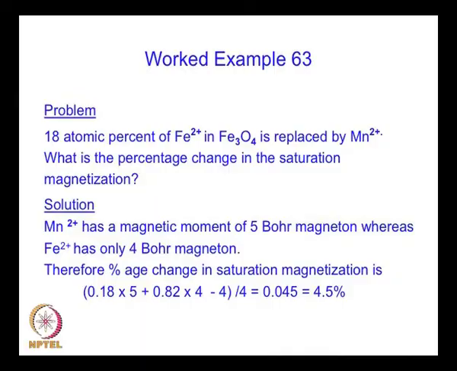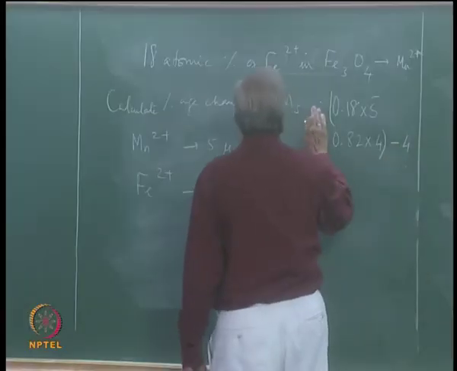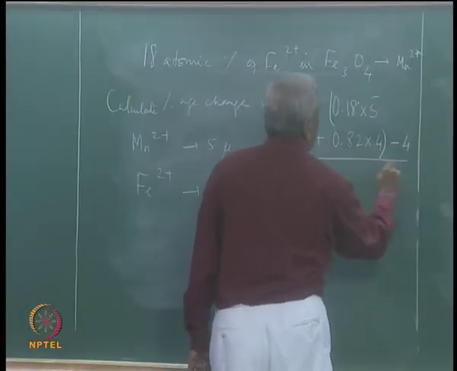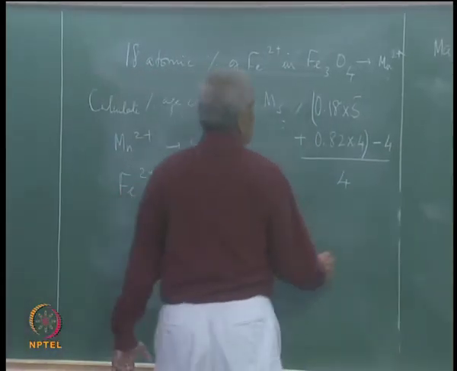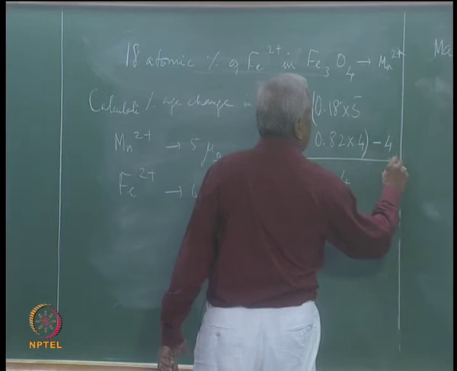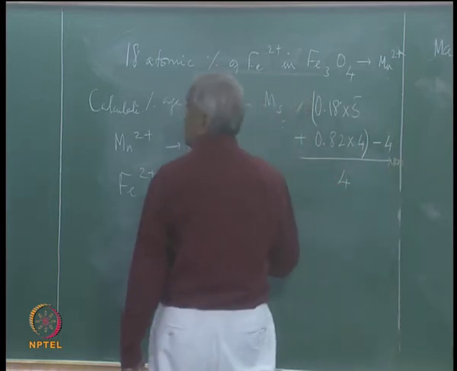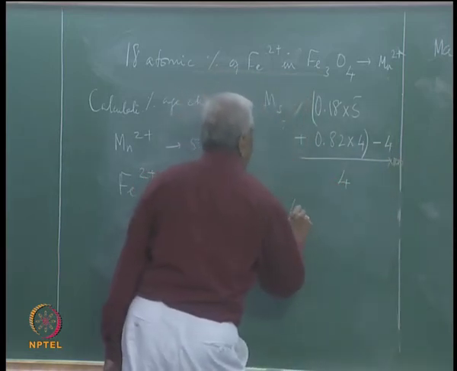This is the new magnetization, minus 4, divided by the original magnetization into 100, of course, which turns out to be 4.5%.